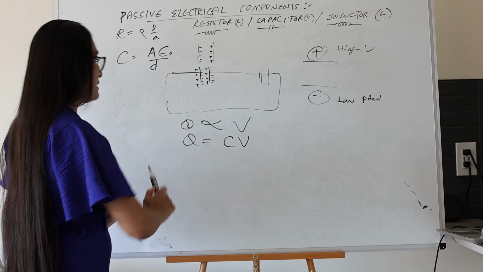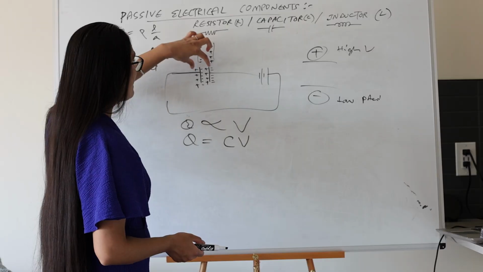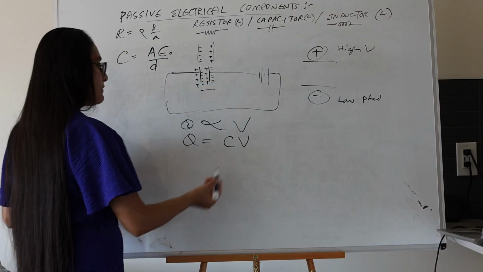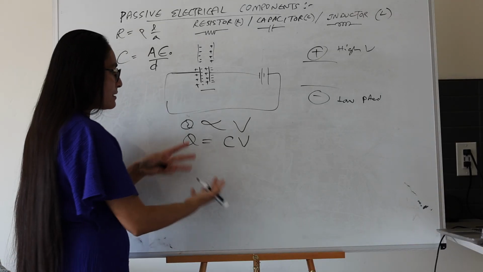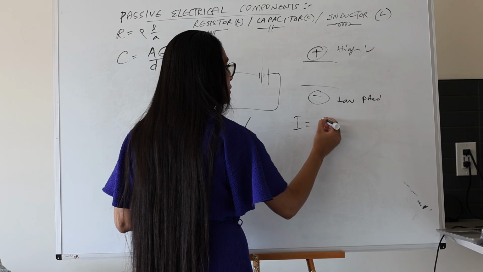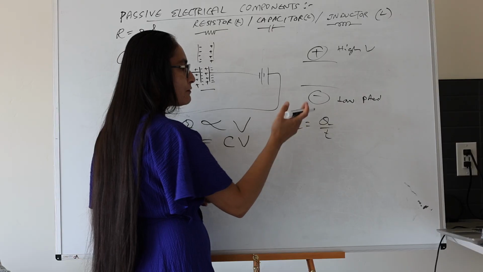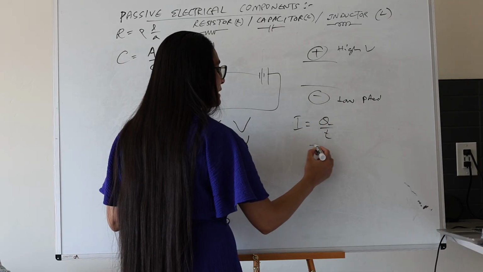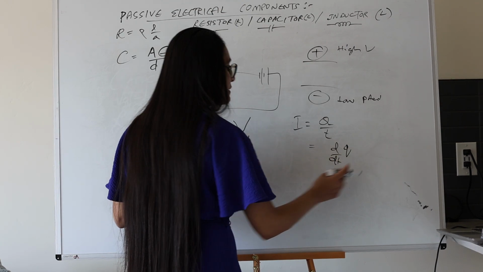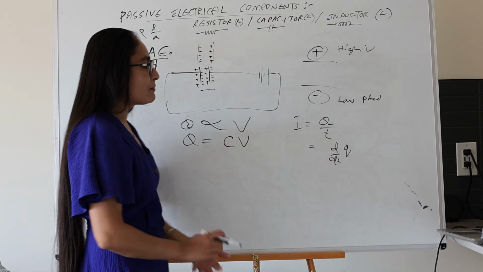It's a constant. Now, we want to understand what happens when there is a potential difference and the current starts to flow. We know that current is equal to Q over T, the rate of flow of charge. We can also rewrite this as dQ over dt, a small amount of charge flowing through a small amount of time.